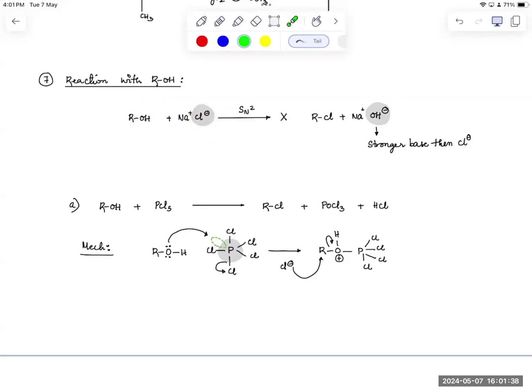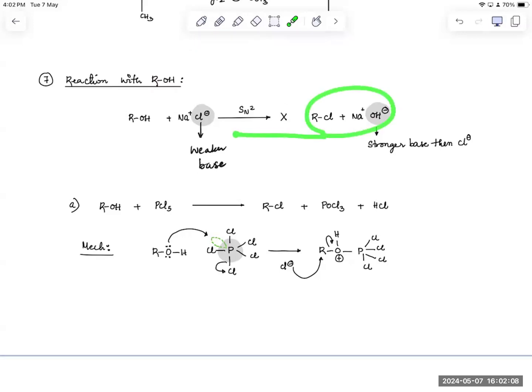Now, if you try that, you can see Cl minus is a weaker base compared to OH minus, which has left, that is a stronger base. Remember, we can never make a reaction where a weaker base is giving a stronger base. We can make a reaction where a stronger base is giving a weaker base. That means the reverse reaction is feasible. In this direction the reaction is feasible, but in this direction the reaction is not feasible at all.